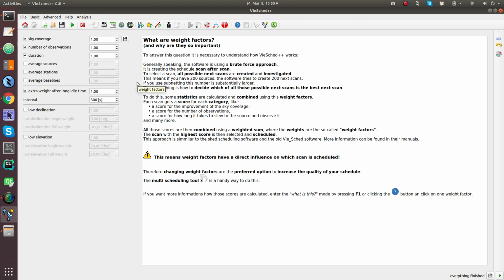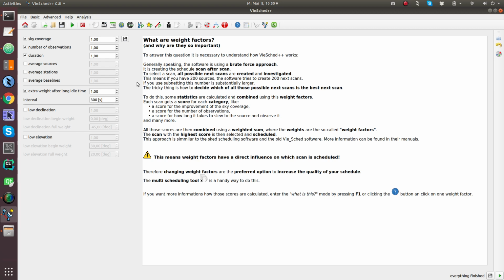So in principle, VieSched++ and also VieSched are using a brute force method to calculate the schedule. This means that the whole schedule is created scan after scan, and simplified speaking, you start at the beginning of the session and then you look at all possible scans that could theoretically be scheduled at this time. So you simply create all possibilities, and you end up with, let's say, a couple hundred possible scans.